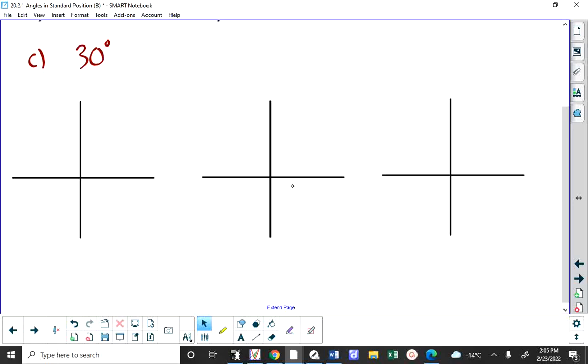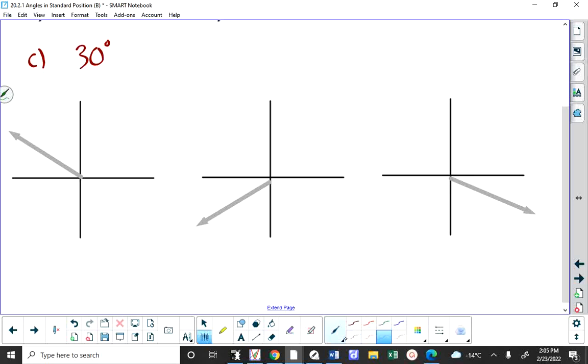In quadrant 1, the reference angle is the same as the rotation angle. If the reference angle is 30 degrees, for the other 3 cases, what's the rotation angle? So we would sketch a 30-degree reference angle in quadrant 2, in quadrant 3, and in quadrant 4.